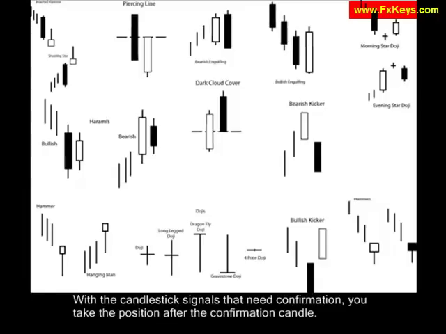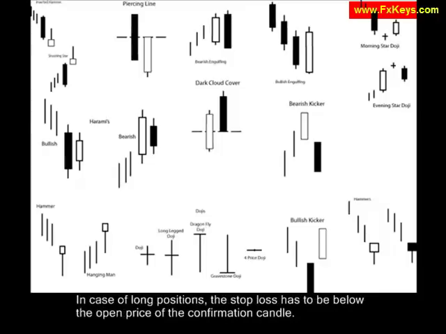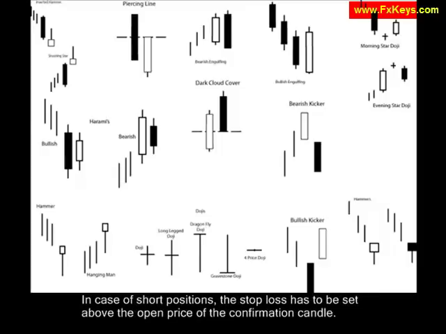With the candlestick signals that need confirmation, you take the position after the confirmation candle. In case of long positions, the stop loss has to be below the open price of the confirmation candle. In case of short positions, the stop loss has to be set above the open price of the confirmation candle.